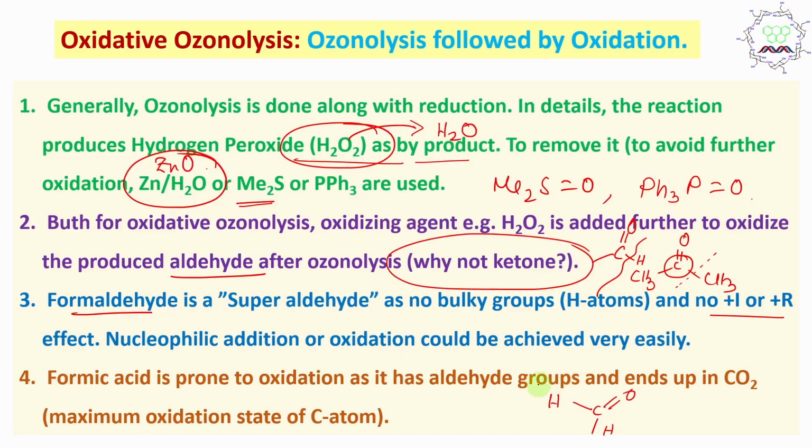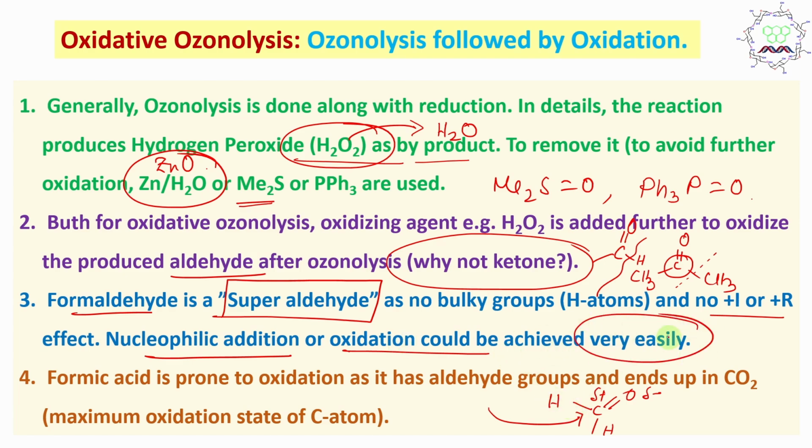Second thing, no alkyl, aryl, etc., means the bulkiness is also minimal. So the nucleophile can attack the carbonyl carbon very efficiently. Both effects combine and make formaldehyde a superaldehyde, very reactive for nucleophilic addition reactions or oxidation, because aldehyde oxidation is easier, with C-H bond cleavage to carboxylic acid, so it can undergo oxidation very easily.